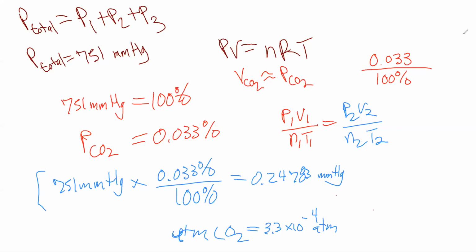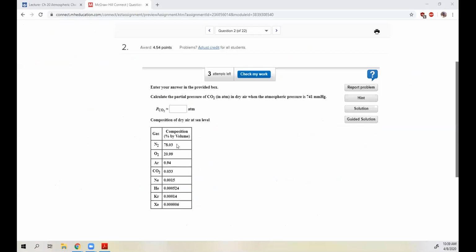So what I would recommend when you look at question number 2 is just remember that your relationship for gases is related to how much material you have there. And so if everything's at the same temperature and the same pressure, then there's a direct correlation between their volumes and their moles.